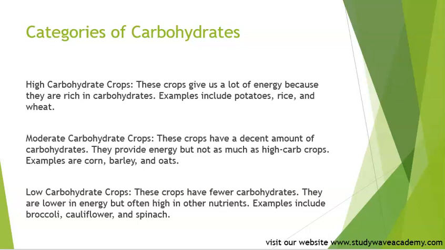Corn is moderately high in carbohydrates and can be used in various forms, including cornmeal and corn flour. Then we have barley. Barley is a cereal grain with a moderate carbohydrate content. Then we have oats. Oats are a good source of complex carbohydrates and dietary fiber.